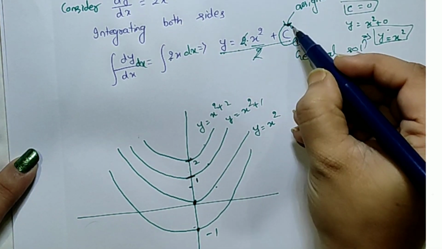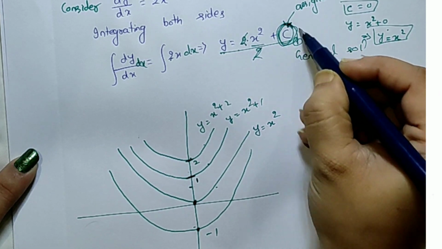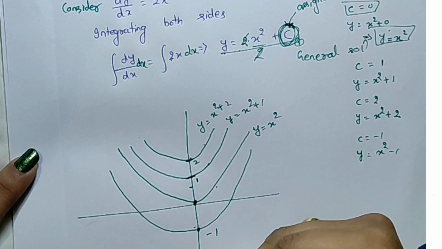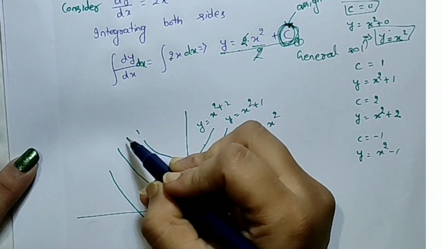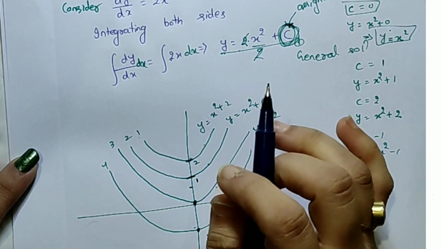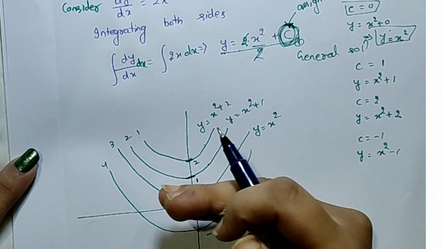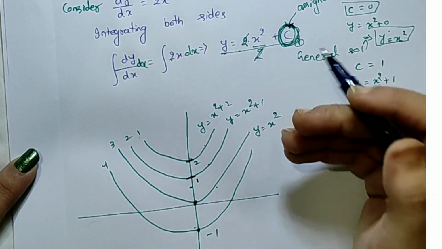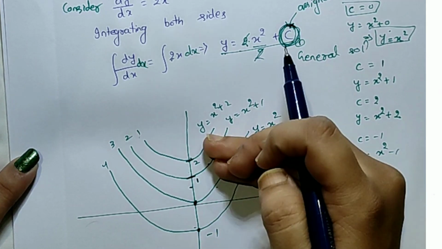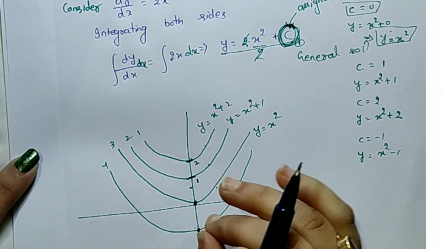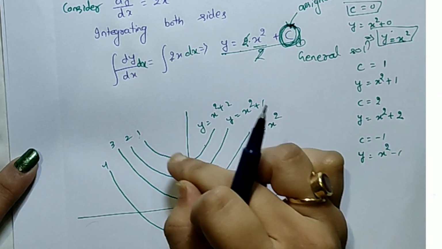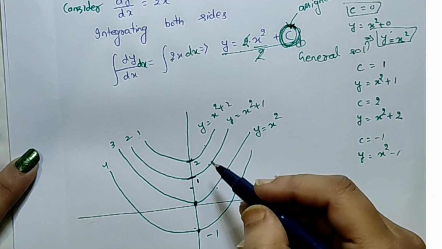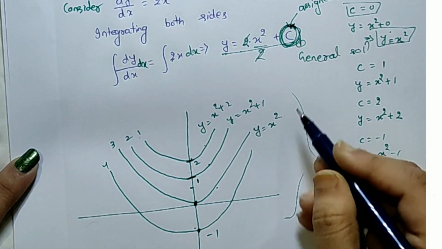For different values of c, for different values of the arbitrary constant, we have got different graphs. Suppose there are 4 graphs. Every graph is parallel to each other. So for different values of c, the graph shifted above or shifted below, but every graph is parallel to each other.